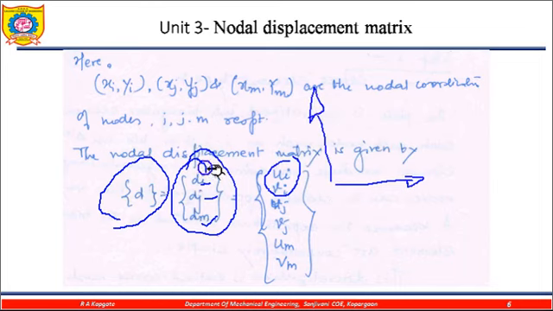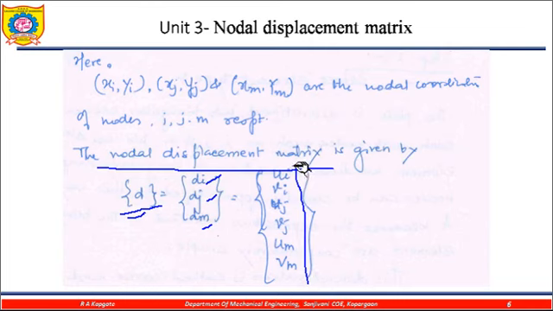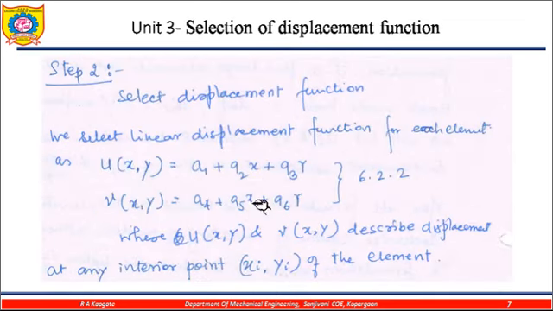This one is the displacement at node I, at node J, and at node M. So I am developing the nodal displacement matrix: ui, vi, uj, vj, um, vm. That is my nodal displacement matrix. Now select the displacement function.